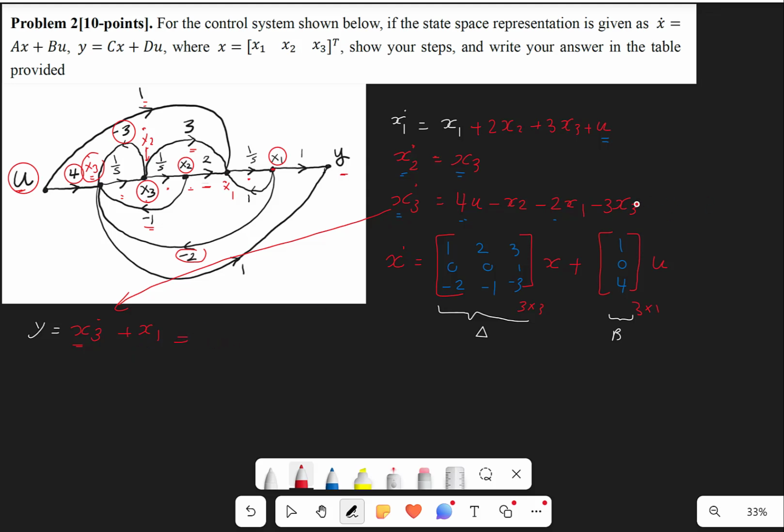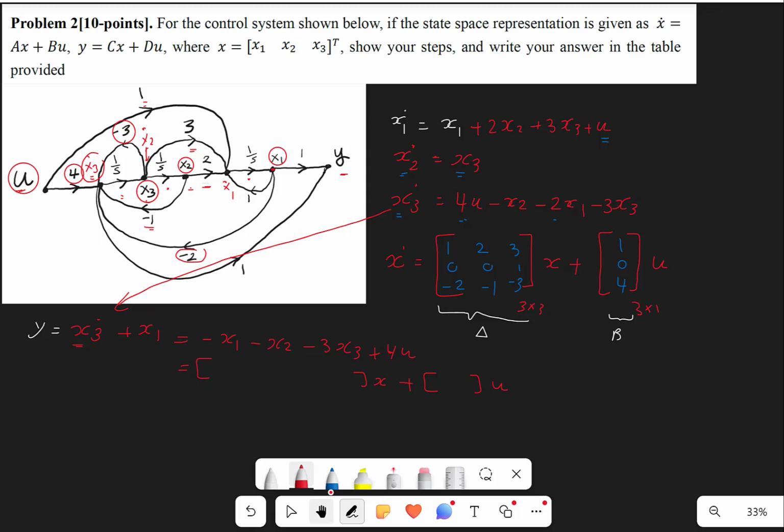Now here you have x1, here we have minus 2x1, so this will be minus x1 minus x2 minus 3x3 plus 4u. In matrix form, this will equal the output matrix C multiplied by x, plus the direct input matrix D multiplied by u.